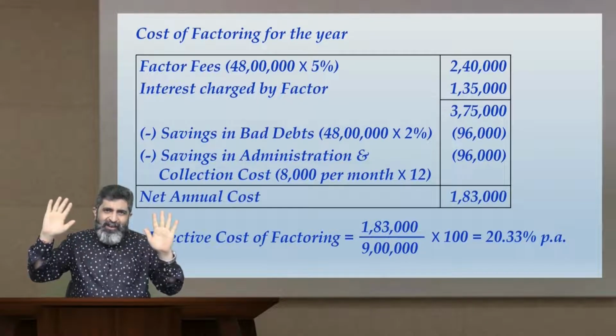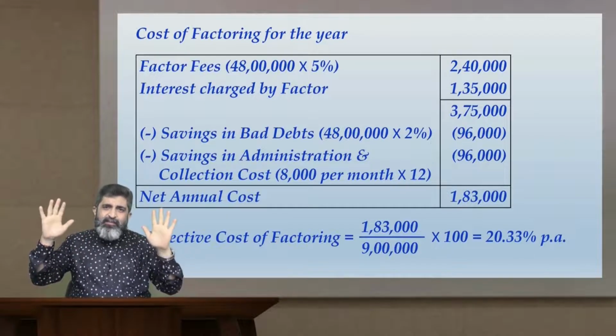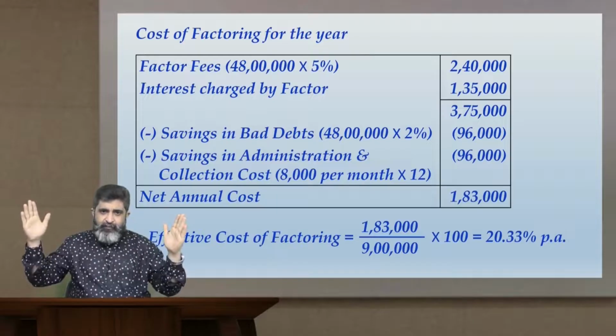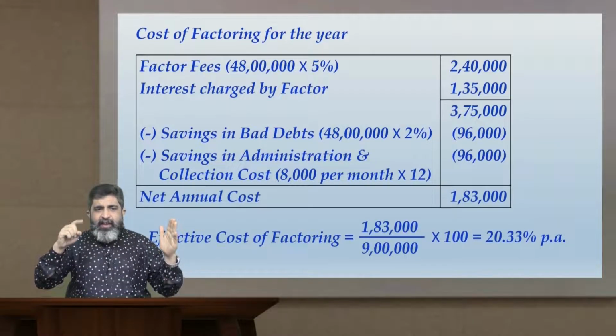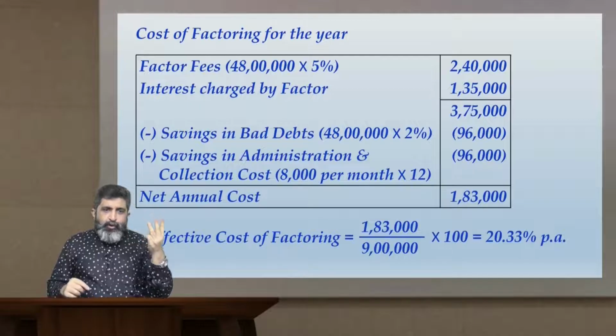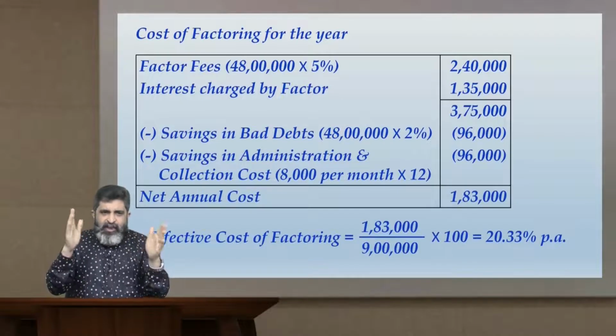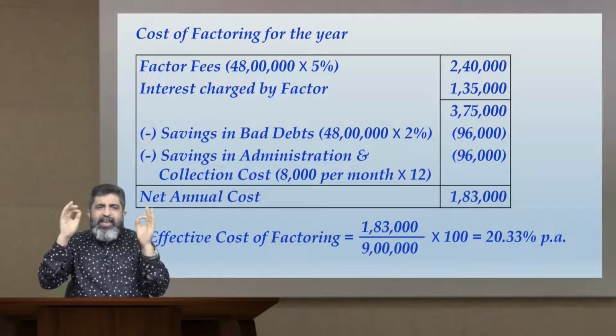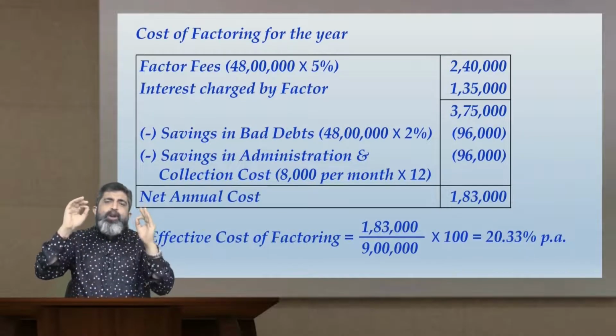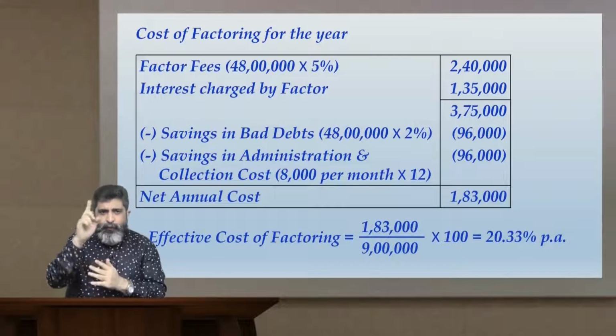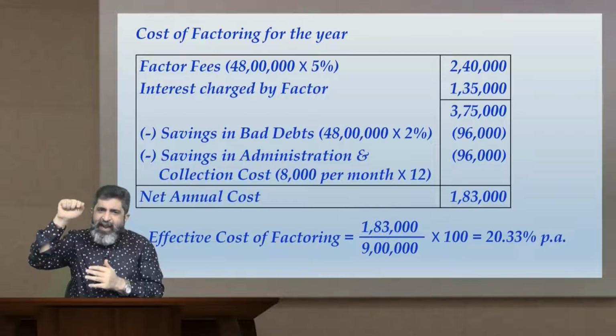Annual total credit sales in this example is 48 lakhs. Credit period is 3 months. So in each quarter, 3 months being 1 quarter, what will be the amount of sales? 48 lakhs into 3 by 12.